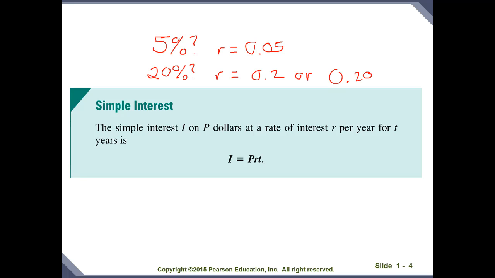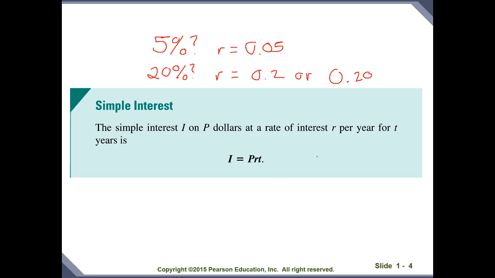If it were 20% interest, we would write it as 0.2 or 0.20. If it were 1% interest, we'd write it as 0.01. So remember from other math classes how to convert from a percentage to a decimal and back again. Not doing that correctly is a common mistake.